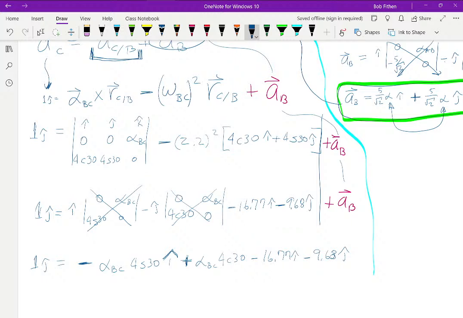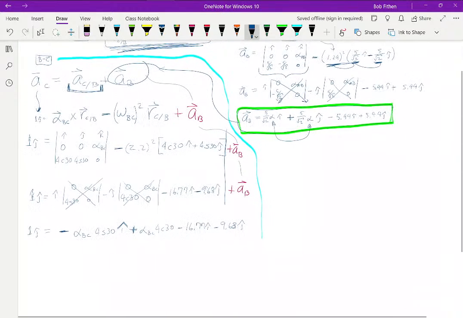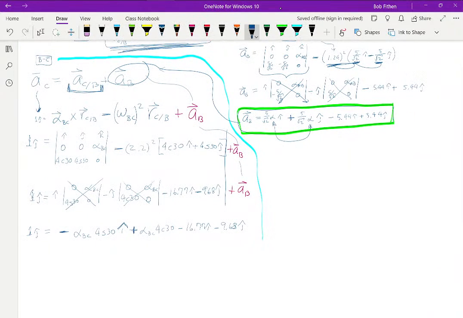Here is where I'm going to join these things, because now I'm going to grab this one, replace it here, and I'll have one giant equation with two unknowns.